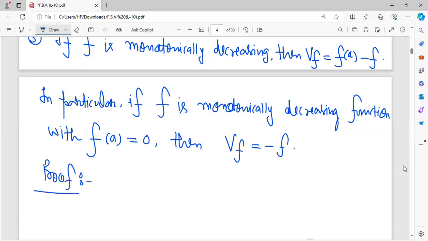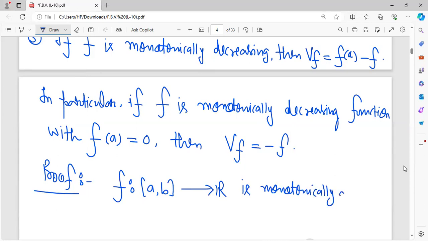Now, f from the closed interval [a, b] to R is monotonically decreasing.